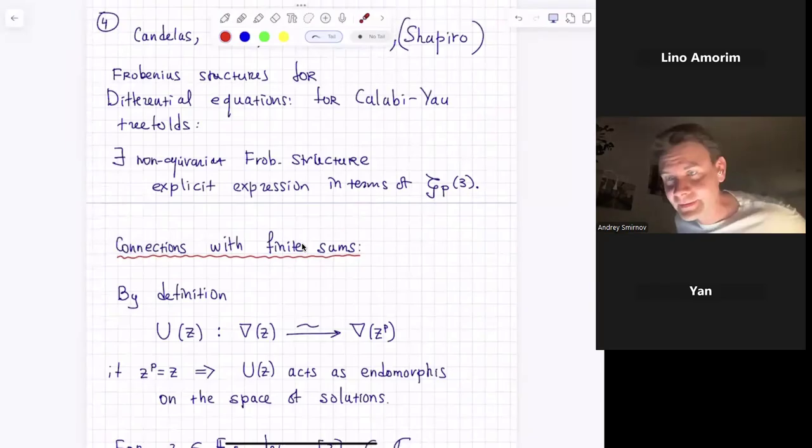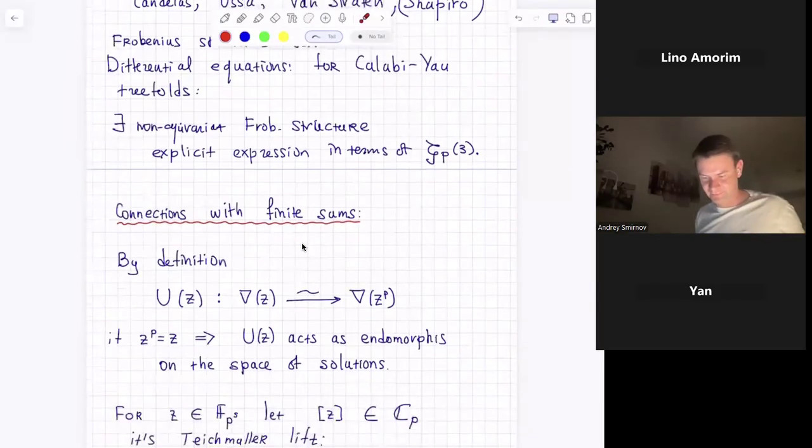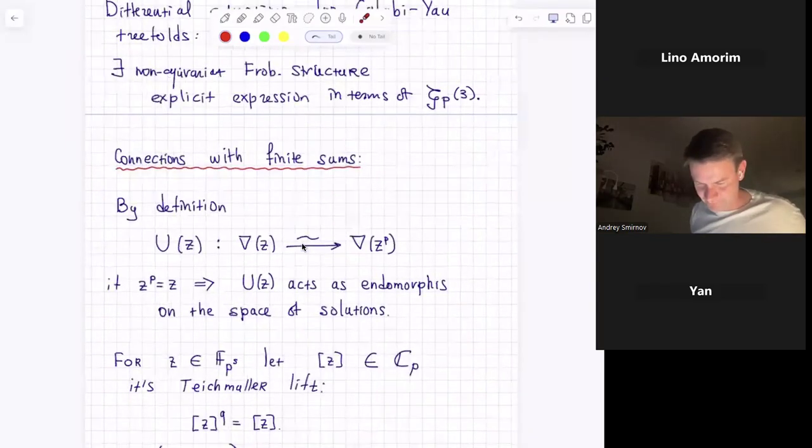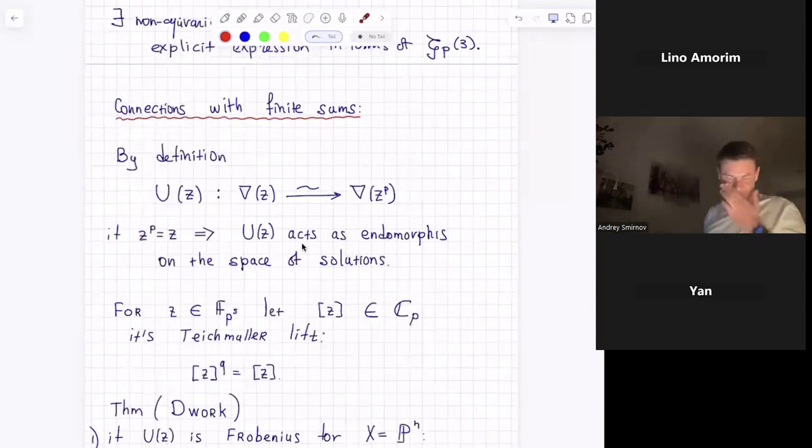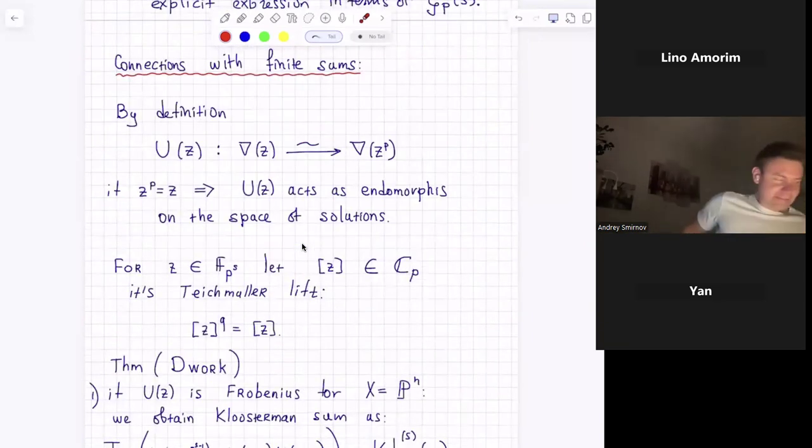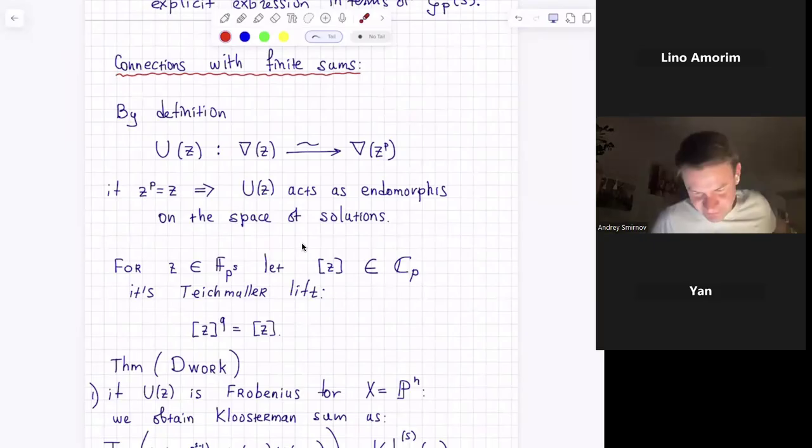All right, so maybe the last few things for today are the following. Now we have this Frobenius intertwiner, which is a map which sends the connection at z to the connection at z to the power p, and explicitly this gives you some operator which acts on the cohomology of your space.